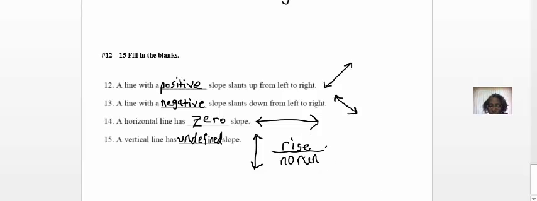So you have a rise over no run, which means you're going to have some number divided by 0.